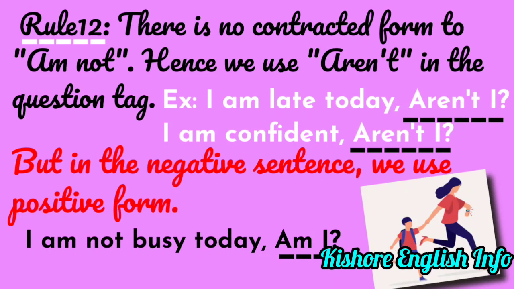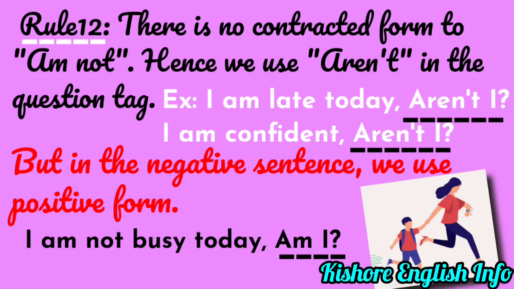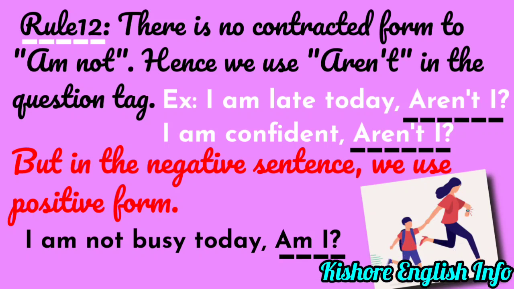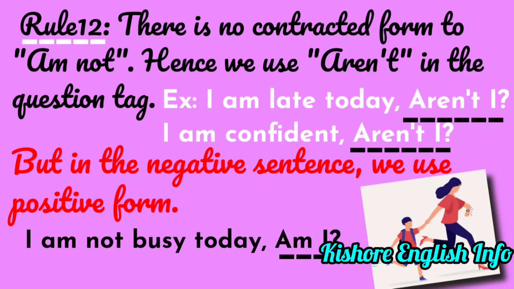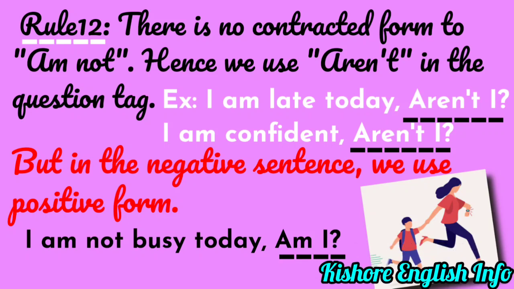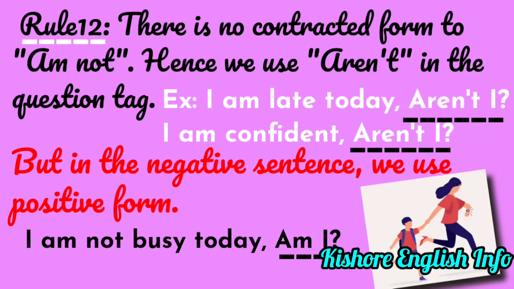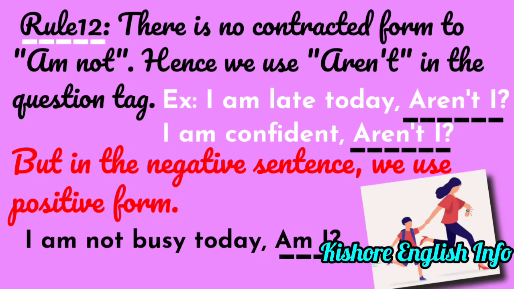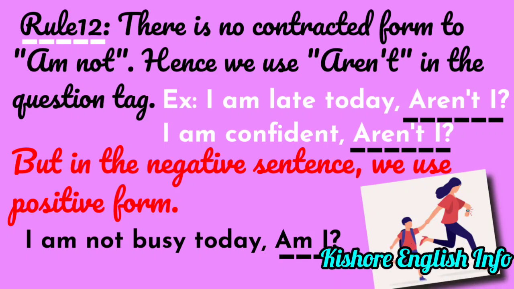12th rule: there is no contracted form for "am not". This is a very important rule that we often get confused about in framing question tags. There is no contracted form "amn't", so in place of that we use aren't. For example, I am late today, aren't I? I am confident, aren't I?